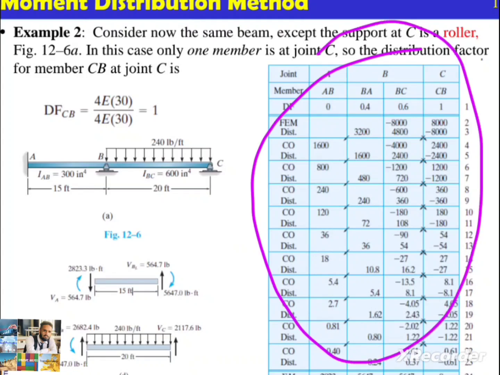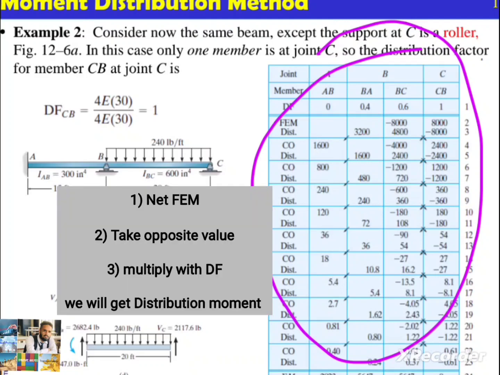So remember this: how we distribute the moment, how we carry over the moment. In distributing the moment, we take the net moment at the joint or the member, take the opposite value, and multiply it with the corresponding distribution factor. We will get the distribution moment.